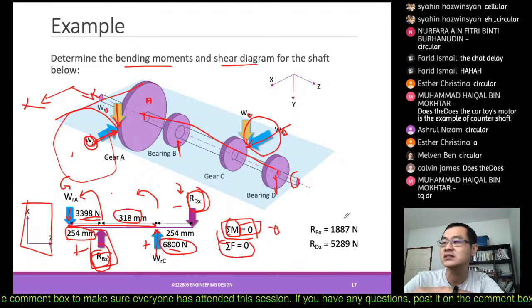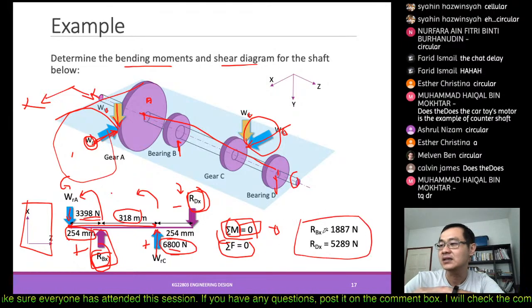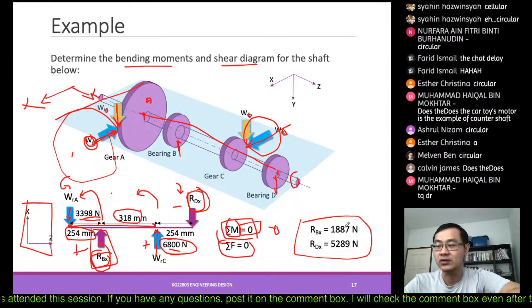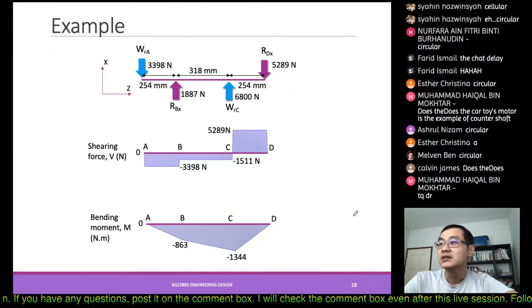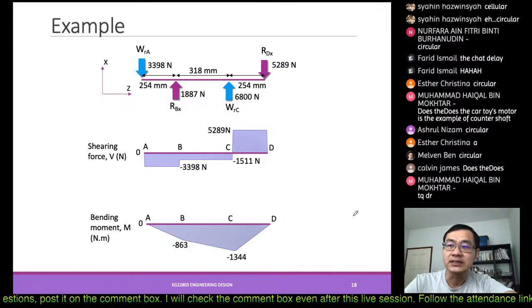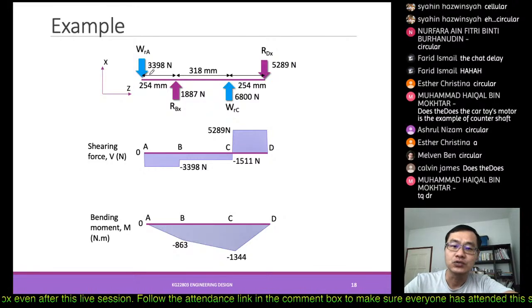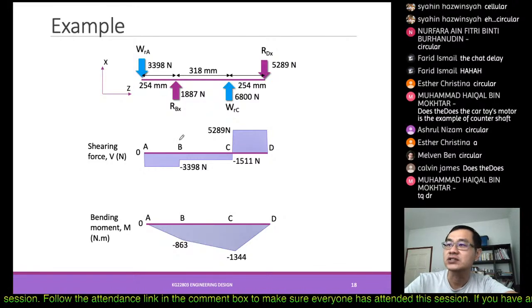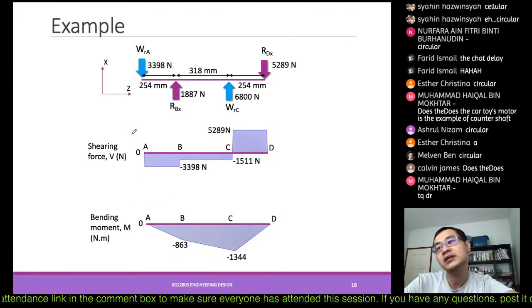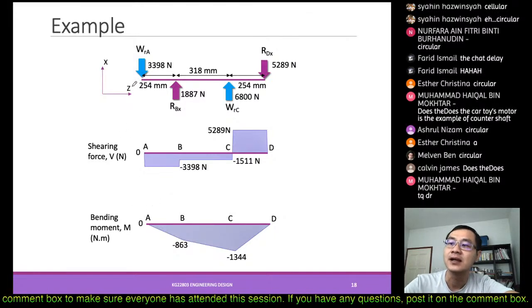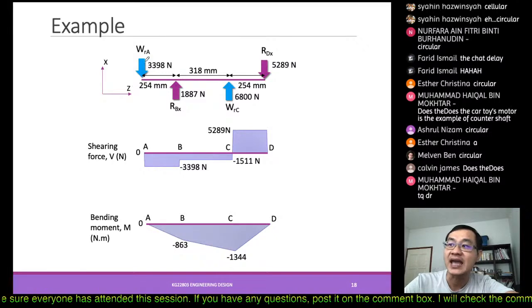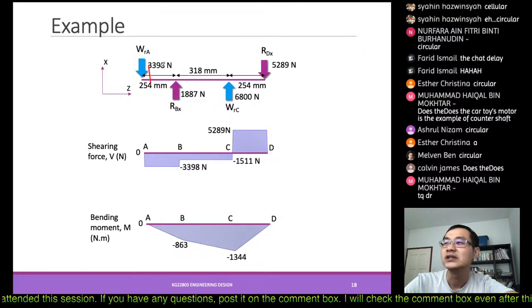Solve them simultaneously, and we will get the reaction forces for these two unknowns, right? Once we have these reaction forces, we will draw the shear force diagram and the bending moment diagram. The shear force diagram is just the summation of the forces acting that cut through the shaft.